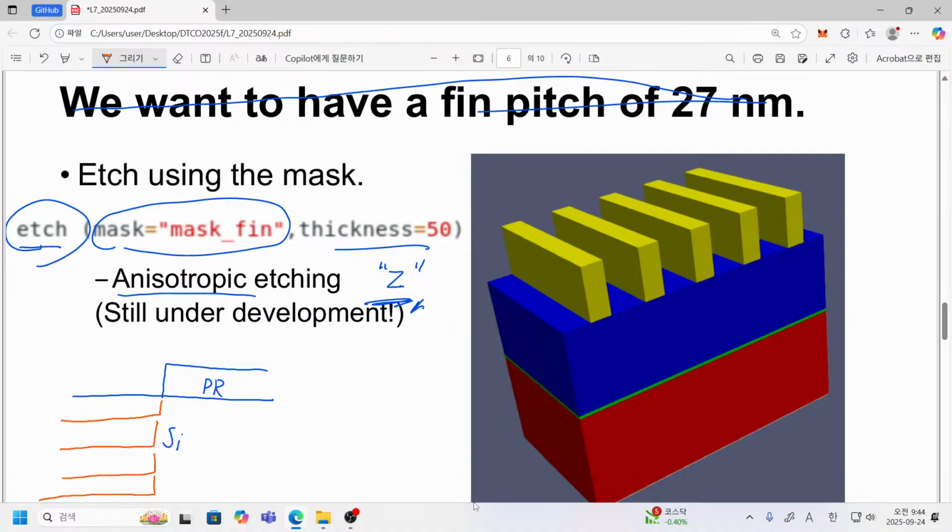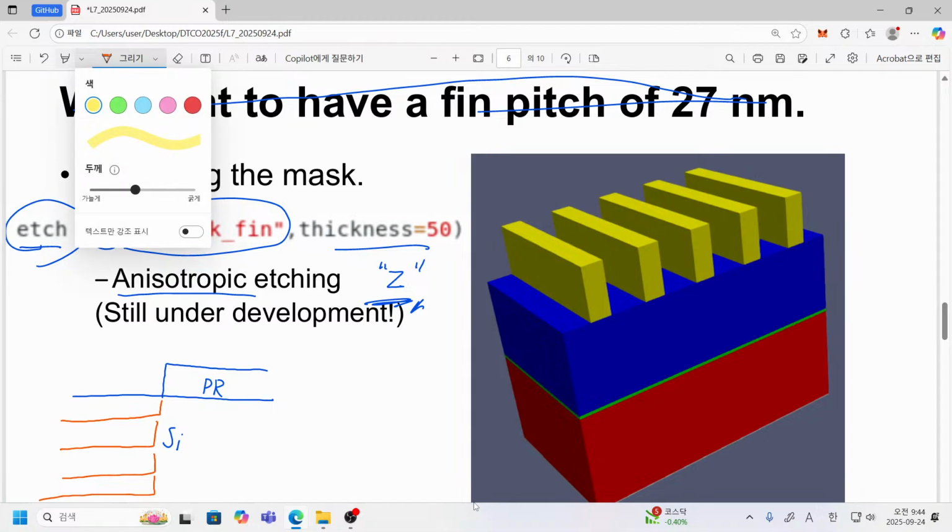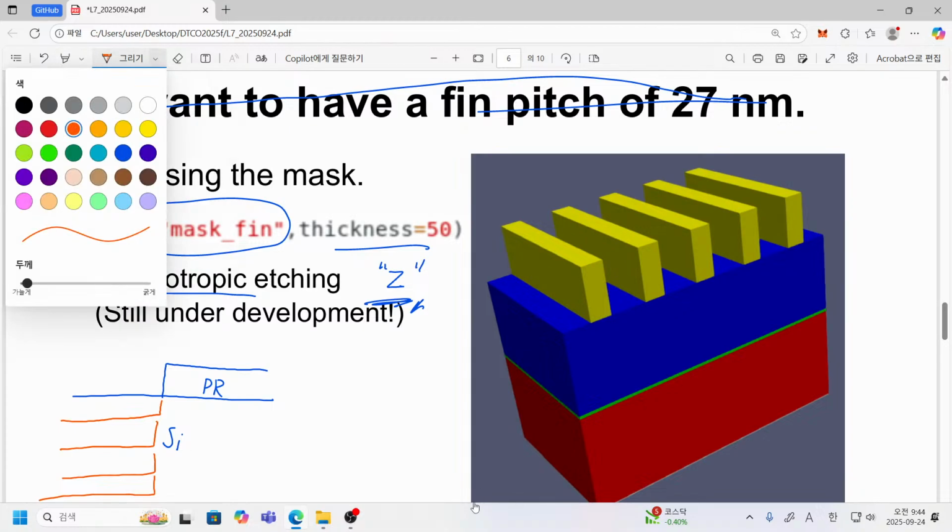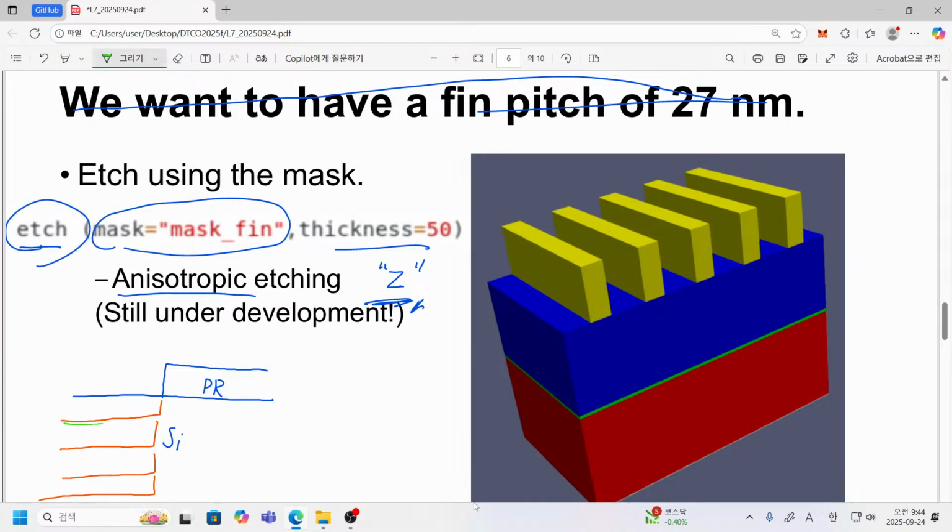But there is also isotropic etching. If we have isotropic etching, then the shape will show a little bit different behavior. It means that now we will have this behavior and this behavior.